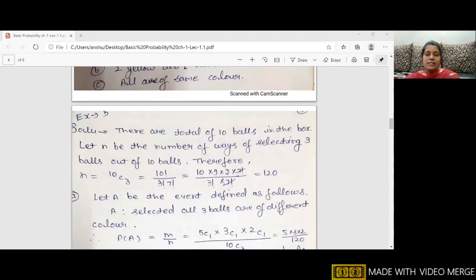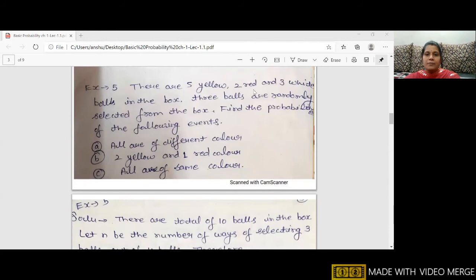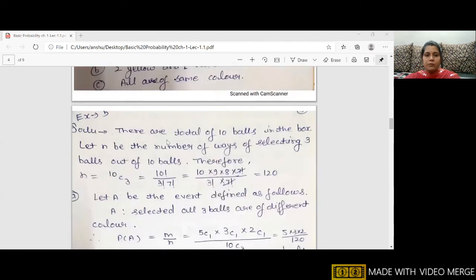The solution is, first we find the total events. In every question, first we find the total events. So there are a total of 10 balls in the box: 5 plus 2 is 7, plus 3 is 10 balls. Let n be the number of ways of selecting 3 balls out of 10 balls. Therefore, the total event is 10C3.